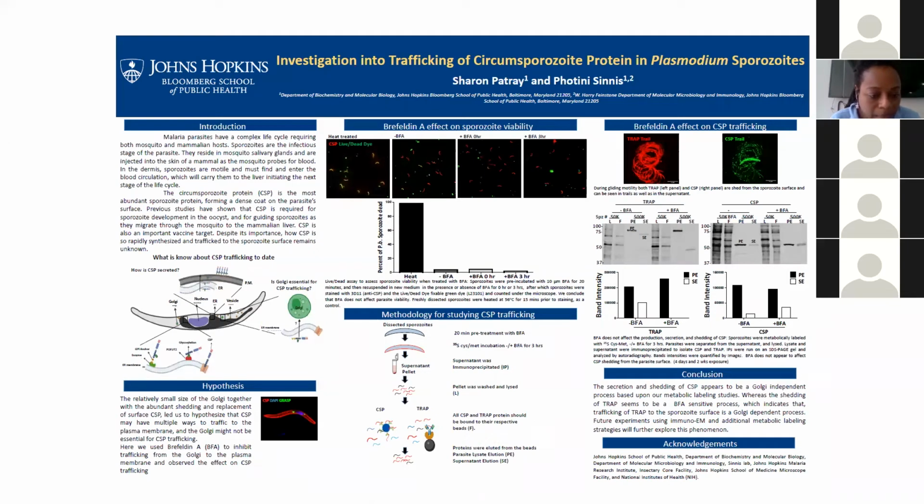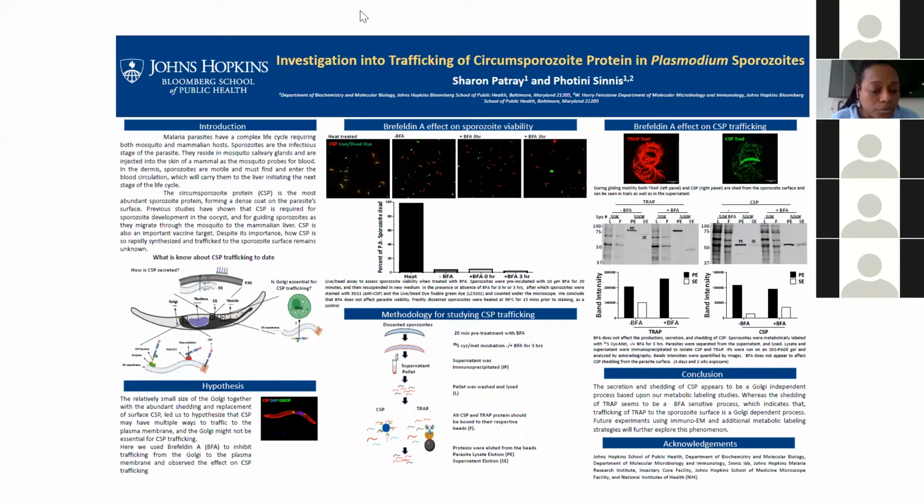We hypothesized that, due to the small size of the Golgi in this stage of the parasite, shown in green in that same image at the bottom, the two little dots on either side of the nucleus, and because this protein is so abundantly seen on the surface and shed, it probably doesn't go through the Golgi.